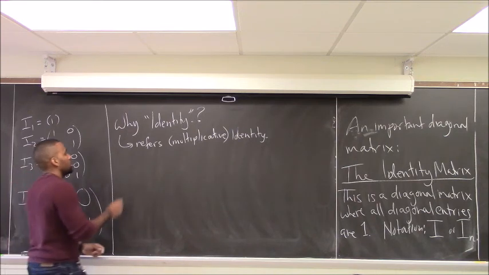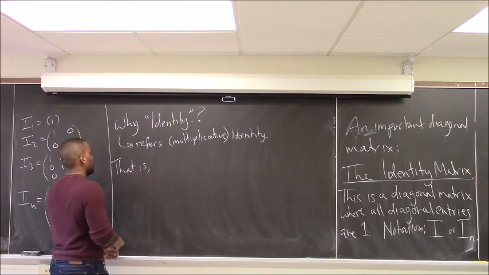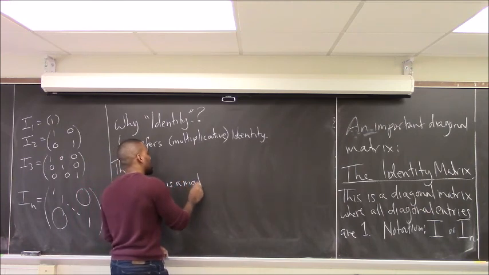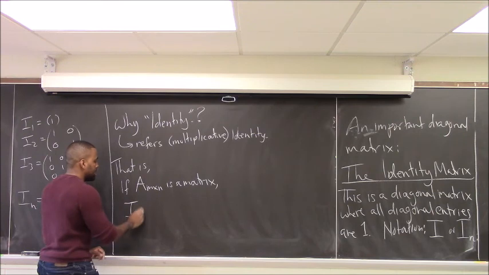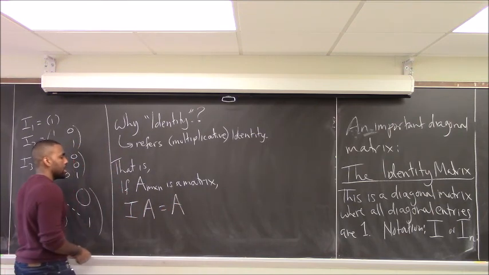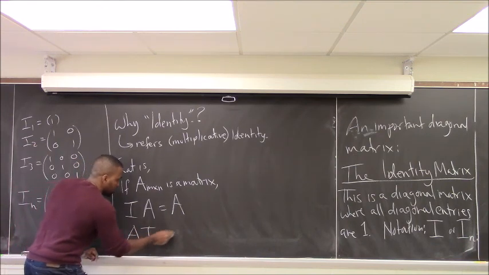Namely, if A is an m by n matrix, then if you take I times A, you will get A, as long as the I is the correct size. If you take A times I, you will get A.